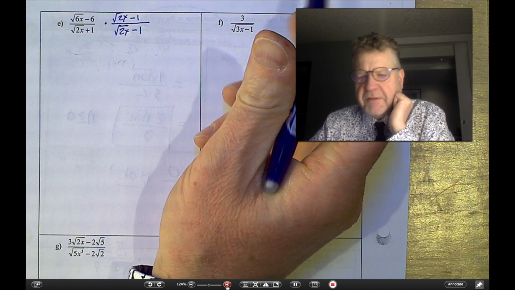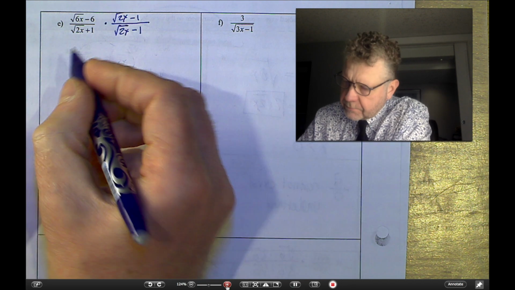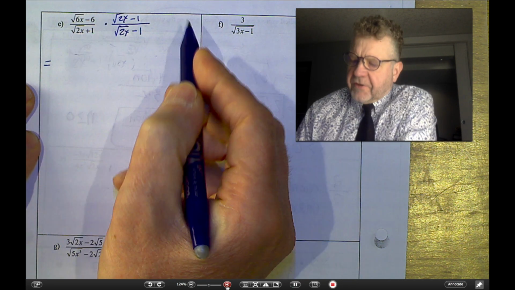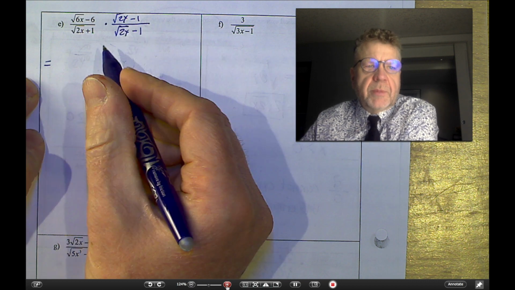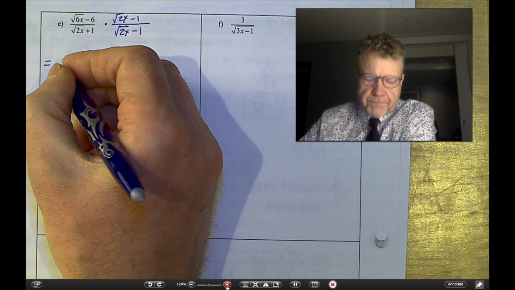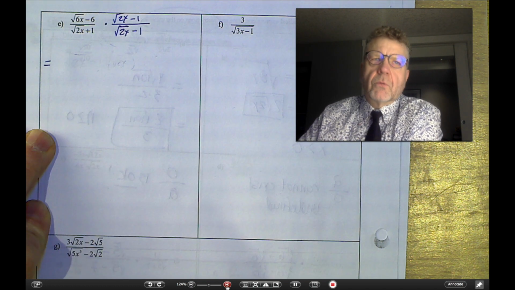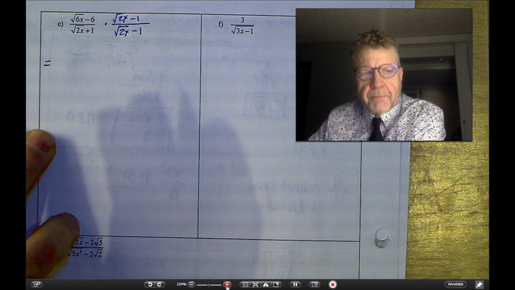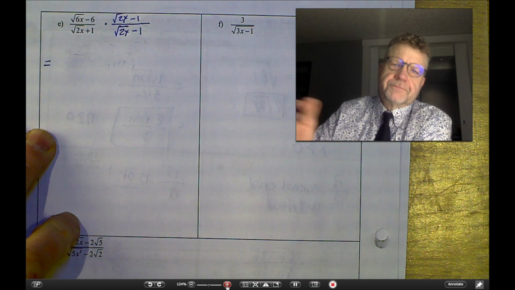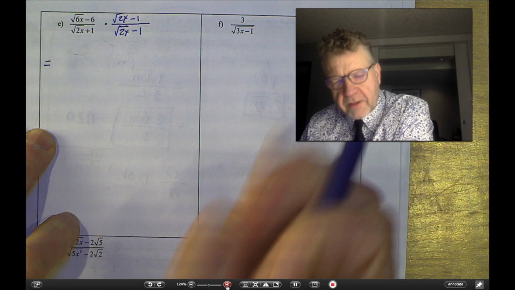A little bit messy, but not too bad. Let's deal with the top first. You've got a binomial times a binomial, believe it or not. No coefficients, that makes it a little bit easier, but if there was a coefficient, you know how to deal with them. You multiply them out first, then you multiply the radicals.